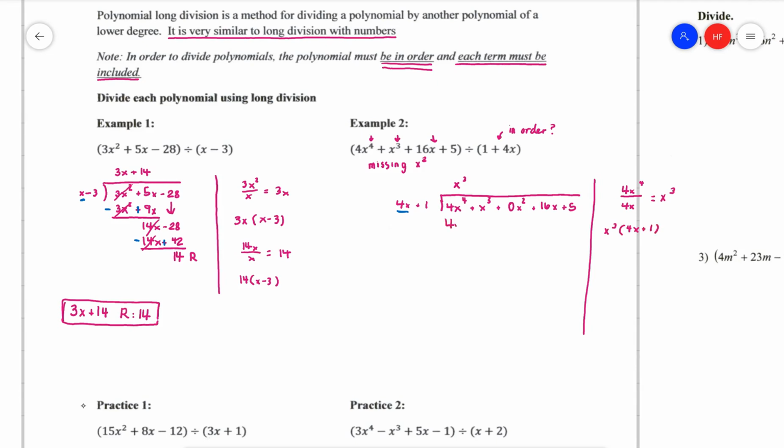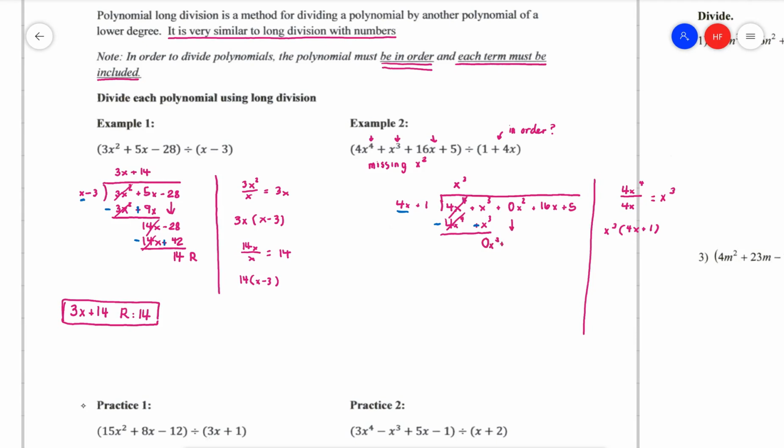So we get 4x to the 4th, and then x to the 3rd times 1 is x to the 3rd. We are subtracting, so we got to make sure that we change both of those signs. These two cancel. And then x to the 3rd minus x to the 3rd is 0 x to the 3rd.